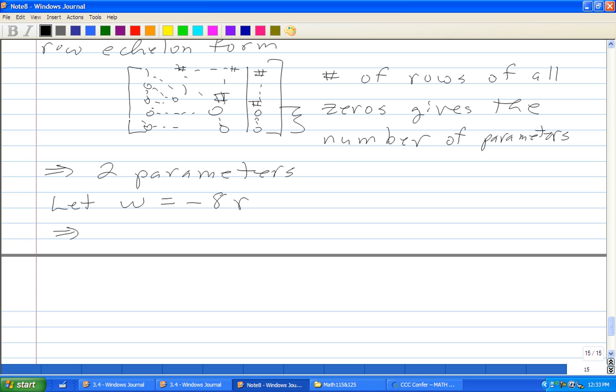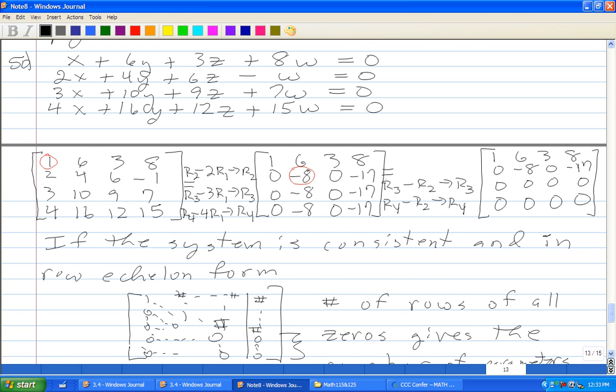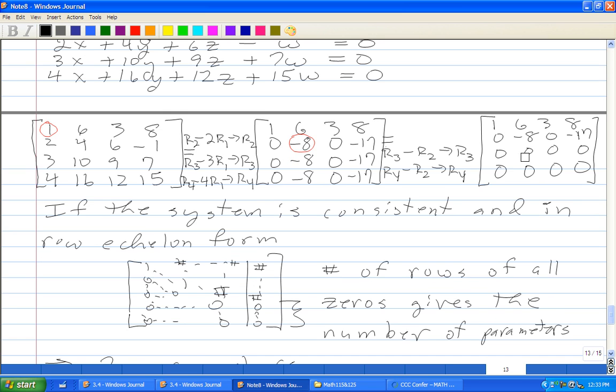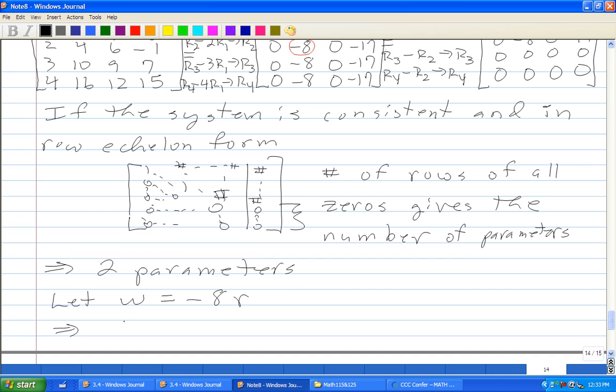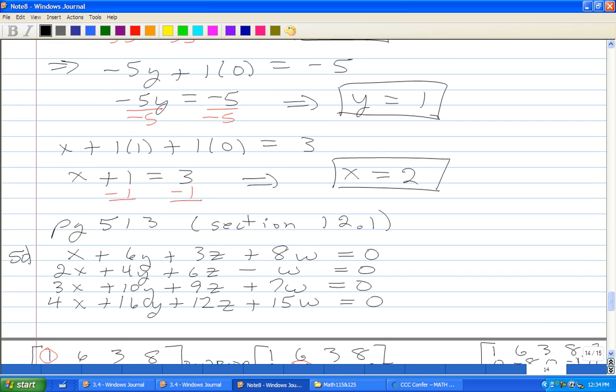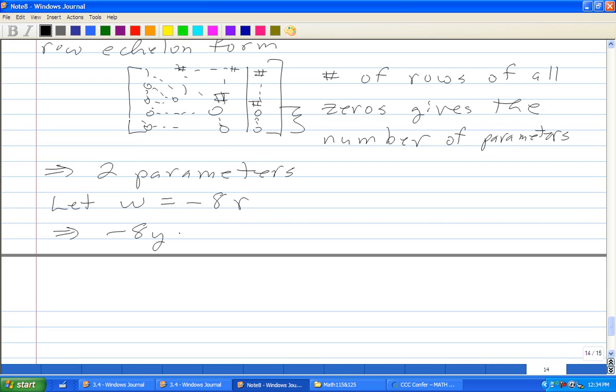Okay. Then, some of these will look a little nicer. Then I have, let's see, none of these rows involving zeros will give me anything. I have 0x minus 8y plus 0z, oh there it is, minus 17w equals 0.